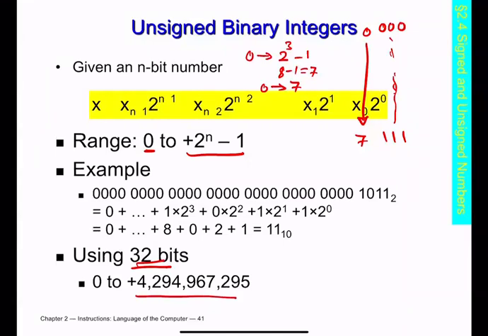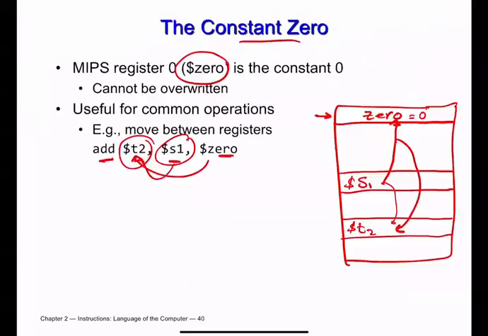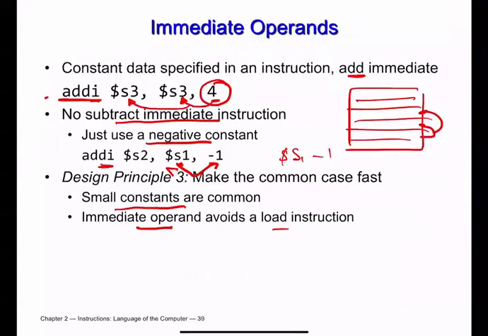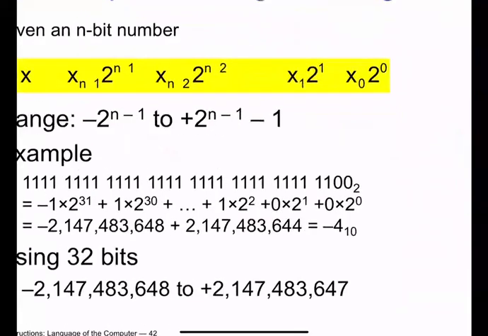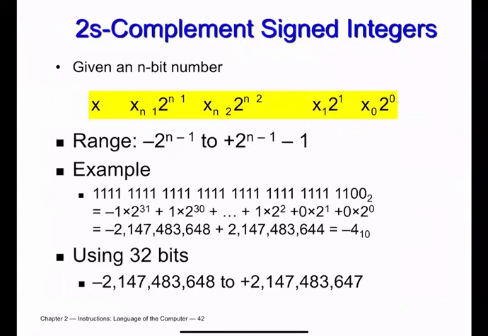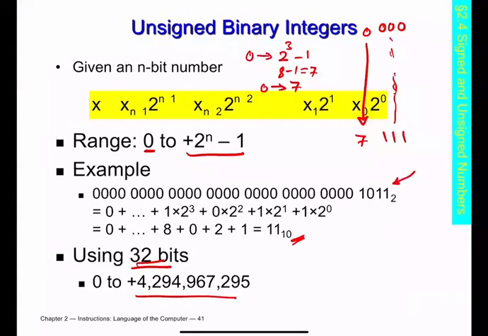Also, I'm assuming that you already know how to transfer from a binary number to a decimal number. If you recall, in the binary number or in any numbering system, you have the base to the power of the location. So this is 2 to the power of 0, 2 to the power of 1, 2 to the power of 2, 2 to the power of 3, and so on, till 2 to the power of 31.